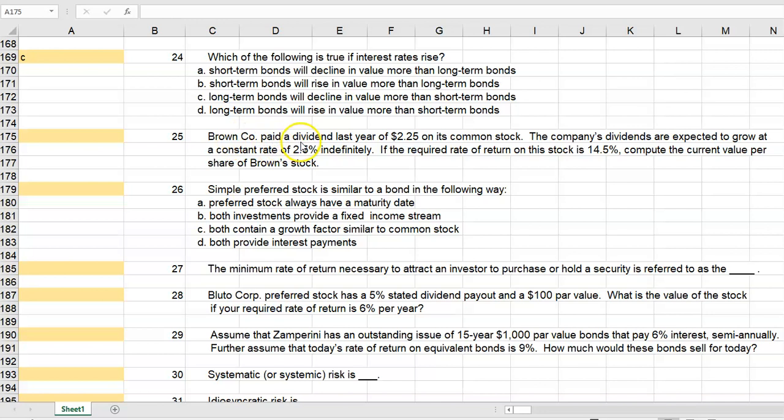The formula here is going to be: the price is equal to the dividend next year, divided by the required rate of return minus the growth rate.